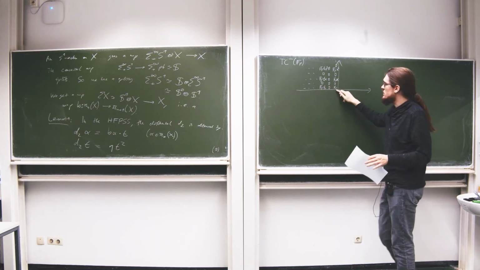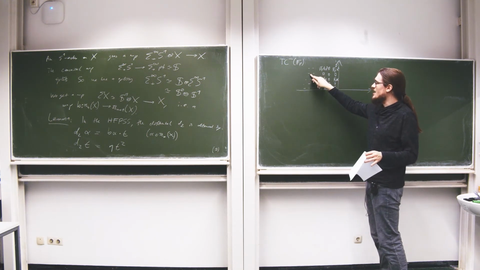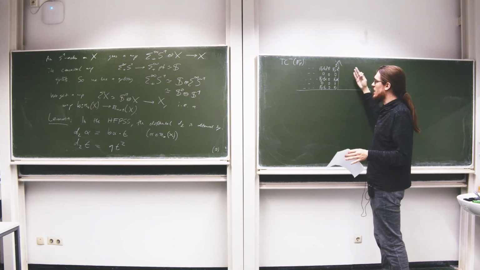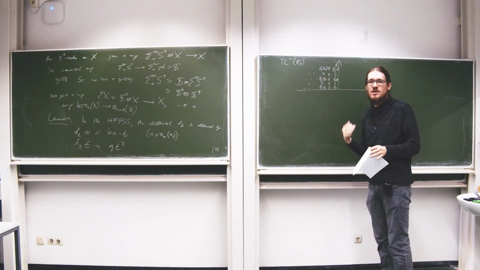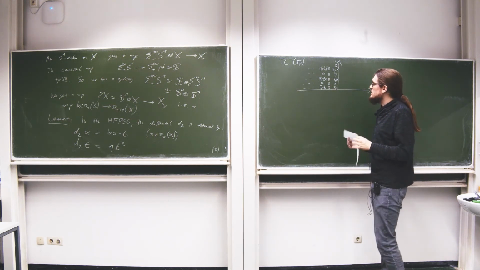So if you think about it, every differential goes R to the left and R minus 1 up, so it lowers the total degree by 1. And so in particular, if everything is even, every differential is 0. So this is also the E infinity page.